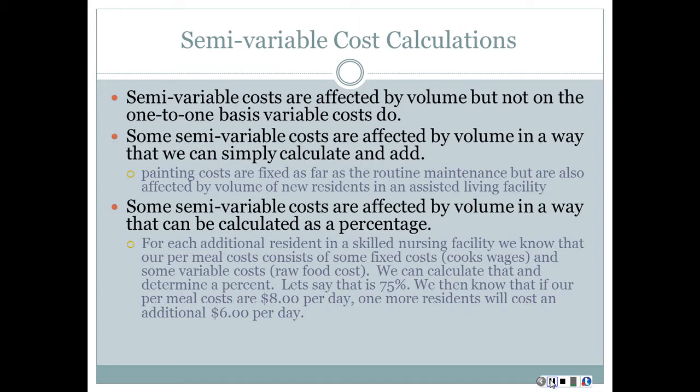But it was much easier to calculate when we looked at these semi-variable costs in terms of percentage. So 75% were variable. We took our cost per day of $8, multiplied that times 75%, and said, okay, one more resident is going to cost us $6 per day. So just another way of figuring and calculating semi-variable costs.